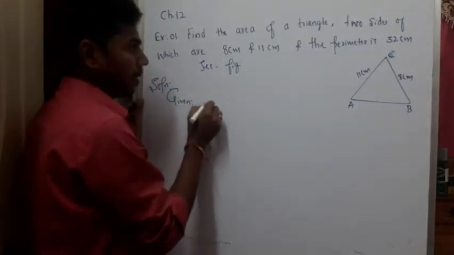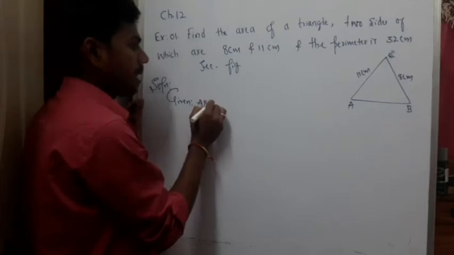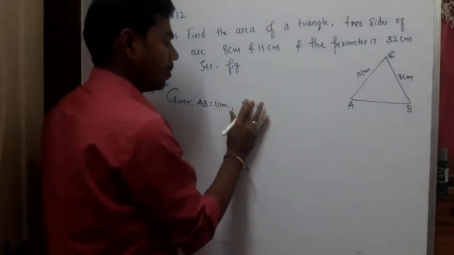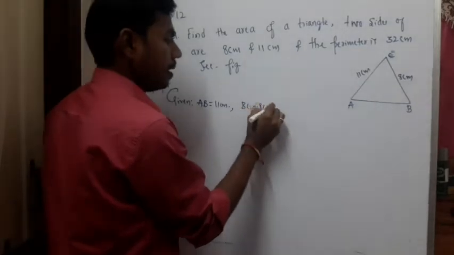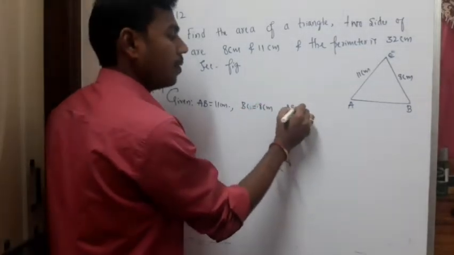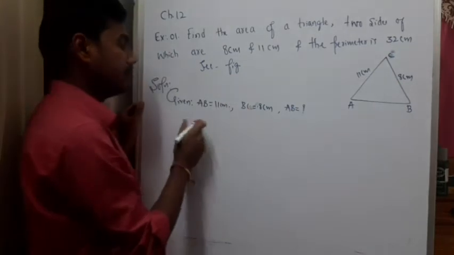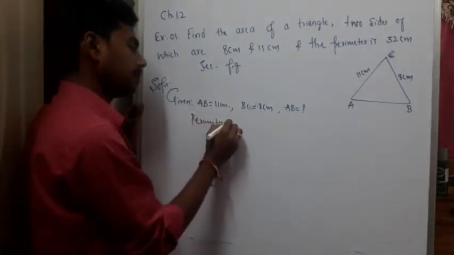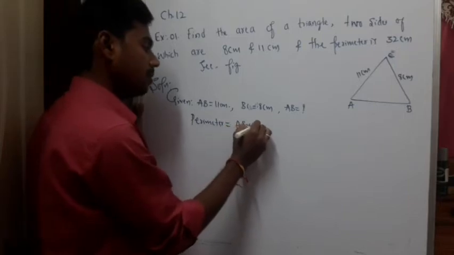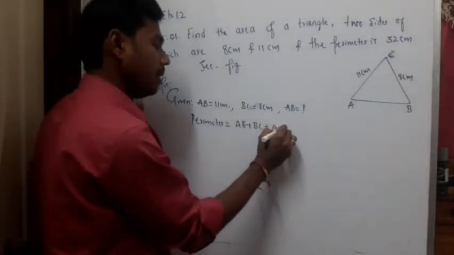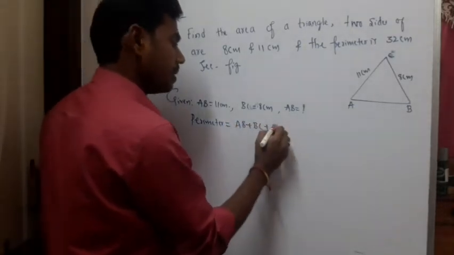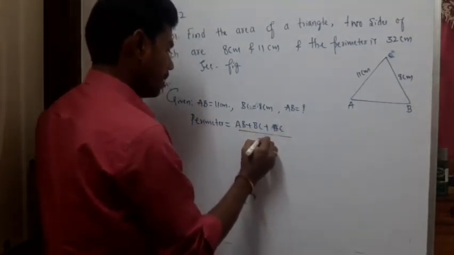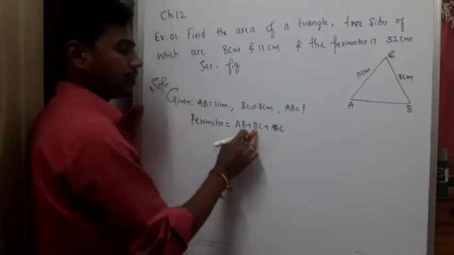So one of the sides, AB, is 11 cm and BC is equal to 8 cm, and AC we don't know. For that they have given the perimeter. Perimeter is equal to AB plus BC plus AC.